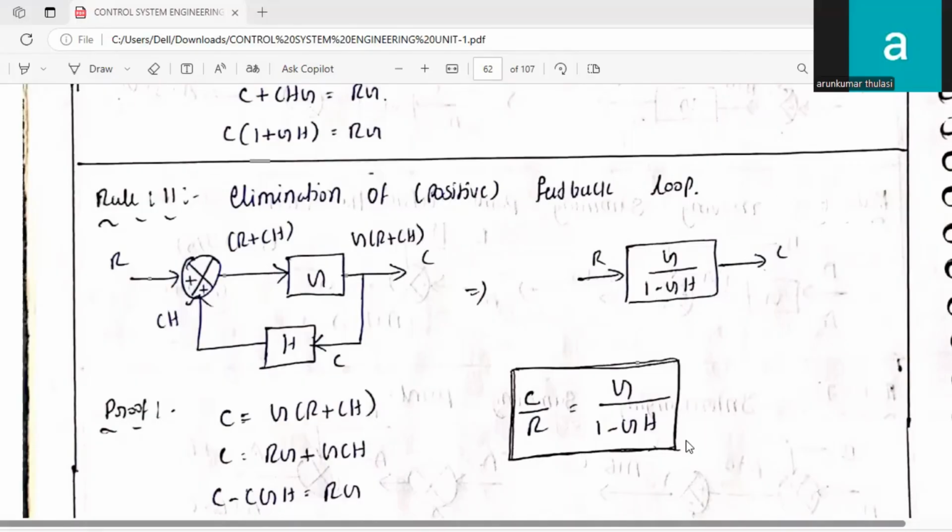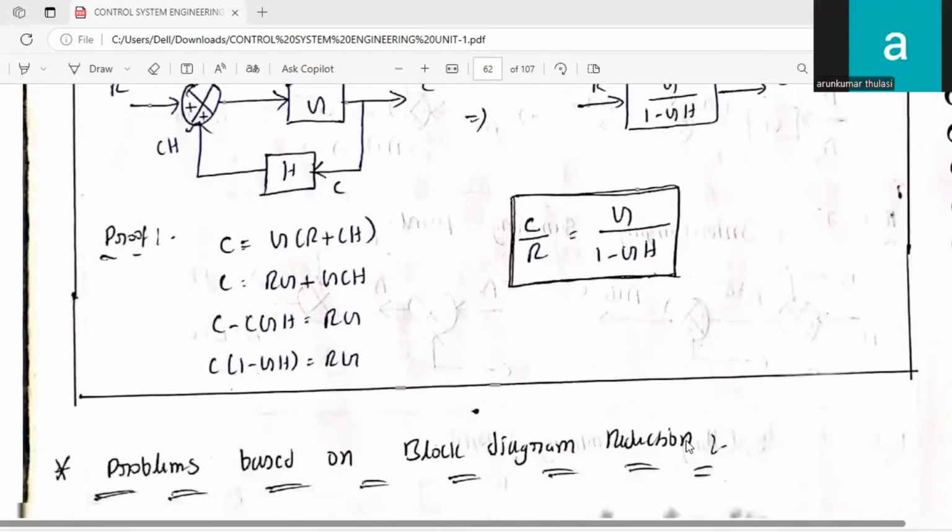If there is any mistake or mismatch in the application of rules, we will get a lengthy problem. So first we need to identify which rule to apply first. So let me show a simple problem on block diagram, and by using these 11 rules, how we can bring that block diagram to a transfer function, right?